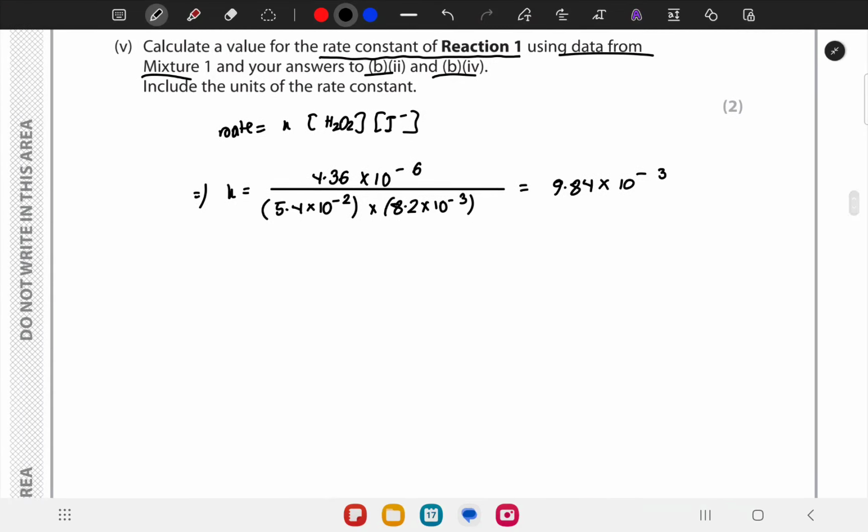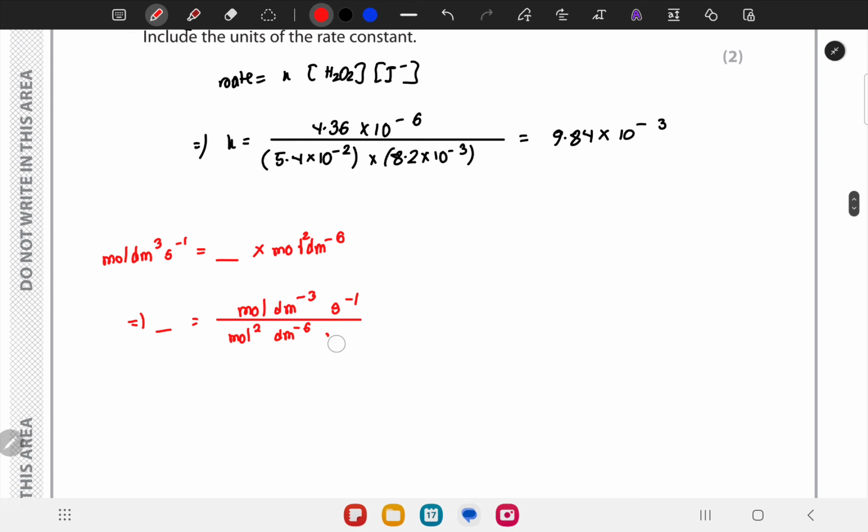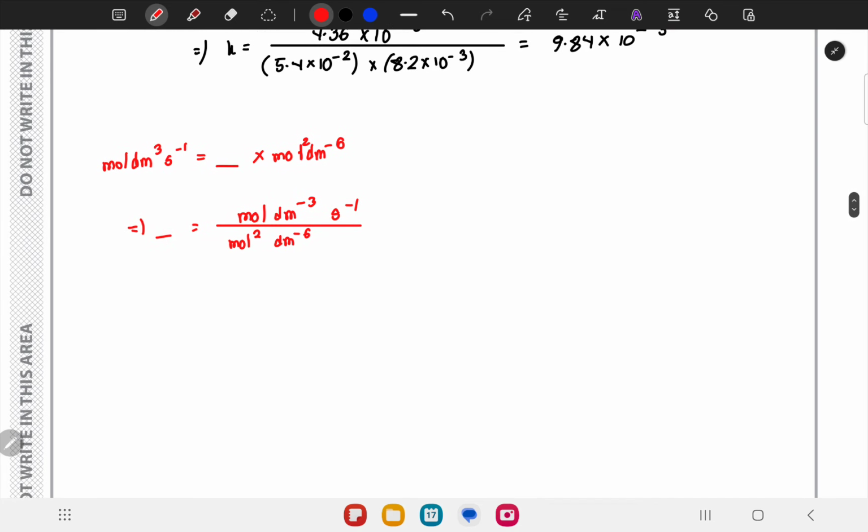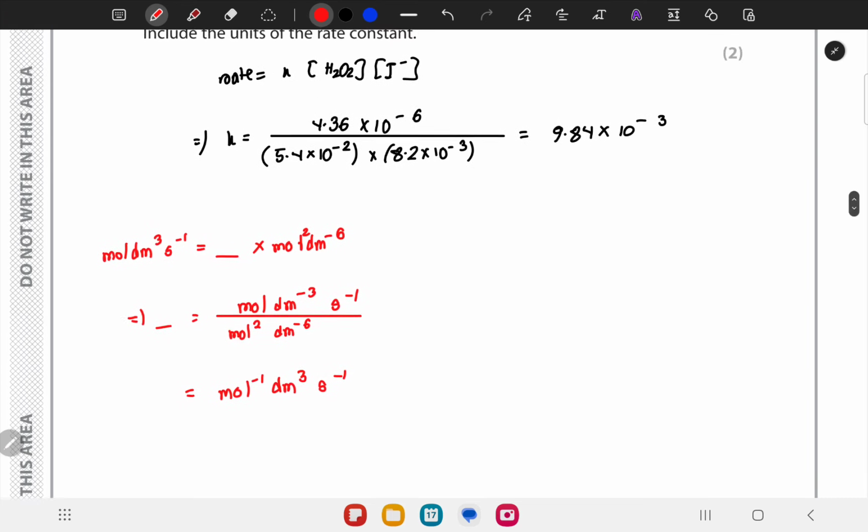If we want to find that, we do mol per dm³ per second divided by mol squared dm to the power minus 6. We'll have mol to the power minus 1 dm to the power 3 second to the power minus 1. So that's our unit.